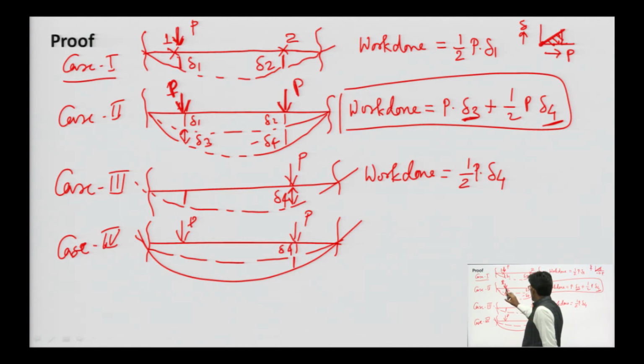Due to P, the ordinate was del 2. So, it is del 2, and here it will be how much? Del 1, due to initially del 1 was observed. So, it is del 1, and what will be that? It will be del 3, right.